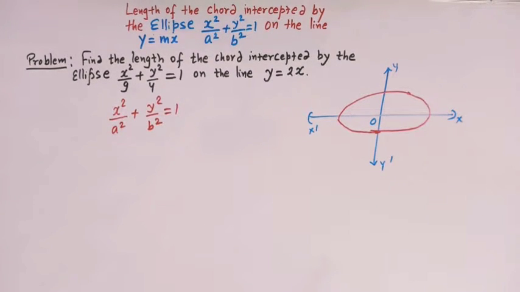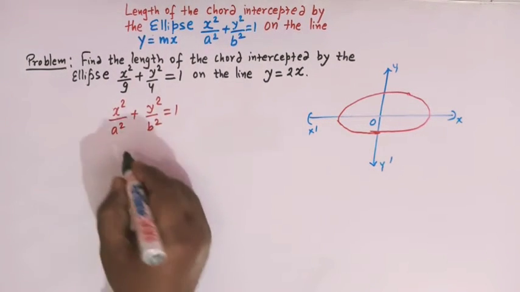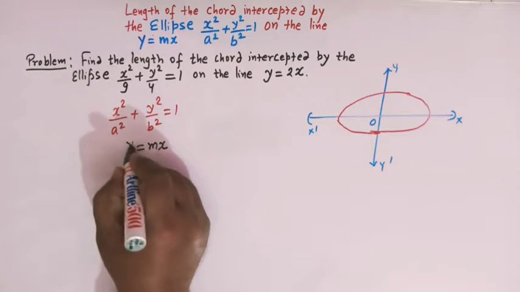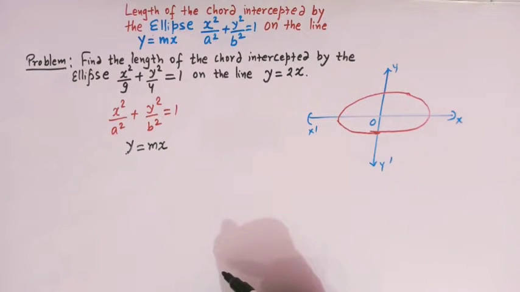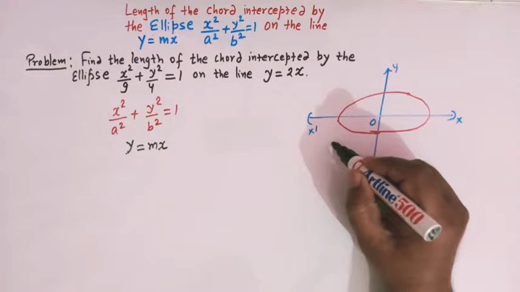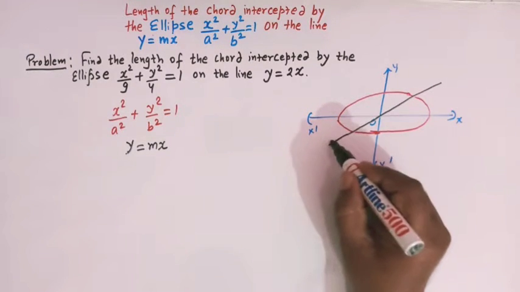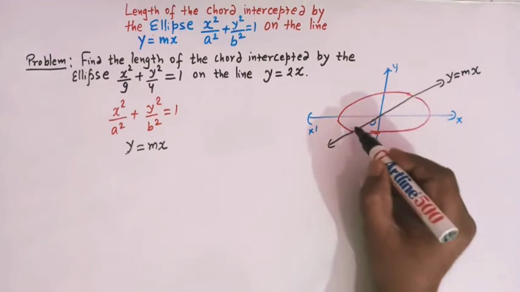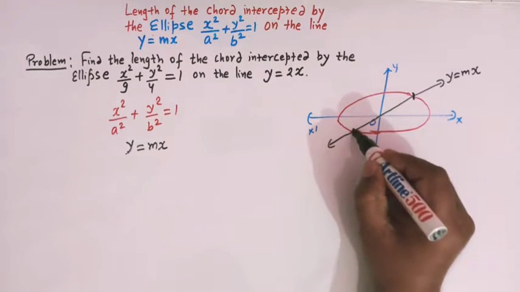And let us take the line y = mx, and we know that this line y = mx is the line which passes through the origin, right? So now if we draw the line like this, then we see that this line, that is y = mx, cuts the ellipse at 2 points, right?